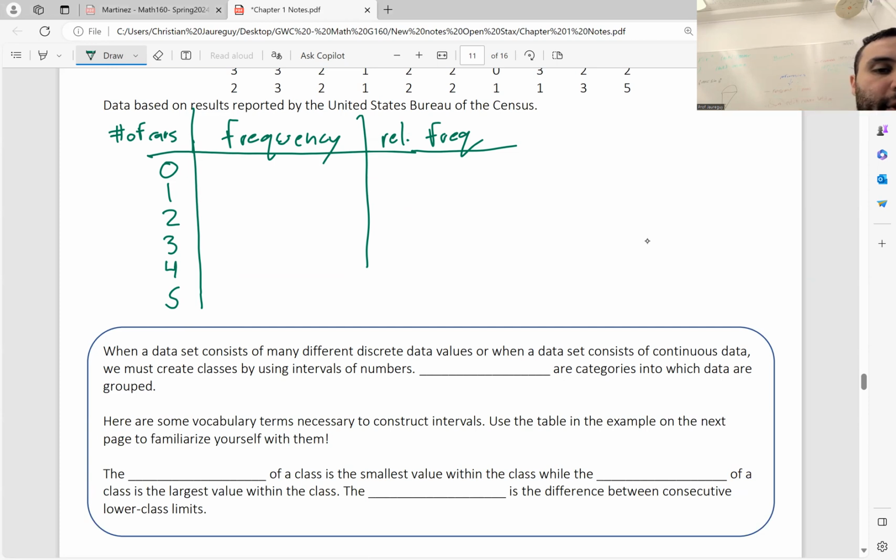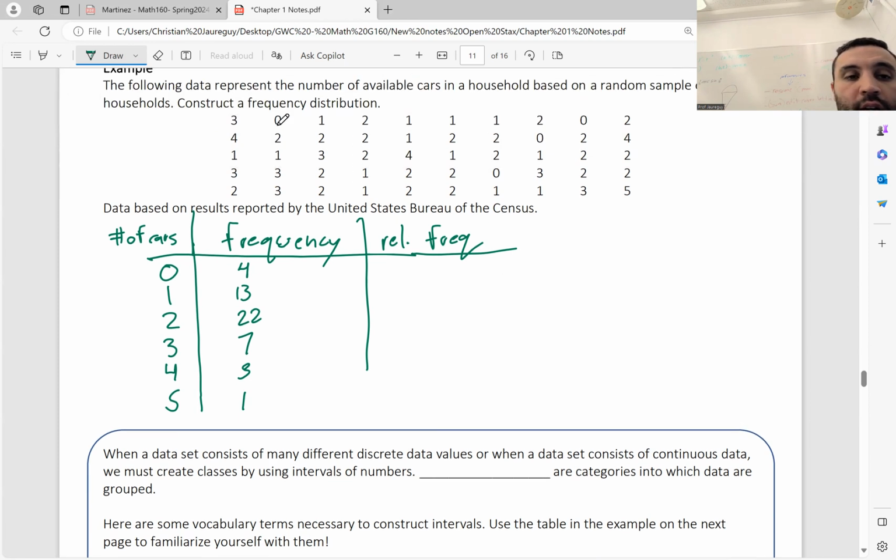But bottom line is the frequency is 4, then 13, then 22, 7, 3, and 1. And then I can plug all this into my calculator and start dividing by the total. But since there are 50 households here, it's a pretty easy division problem.